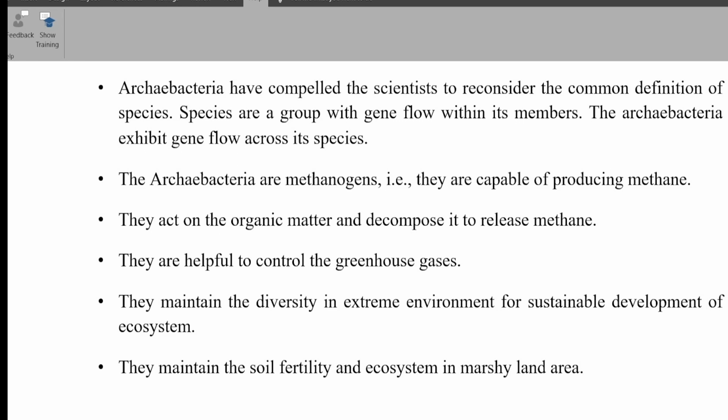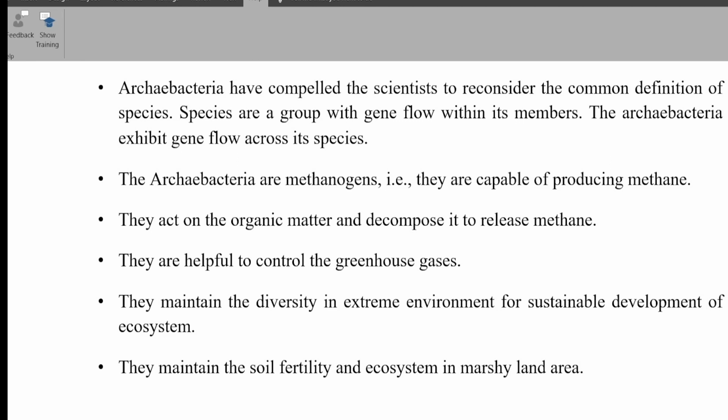Archaebacteria include methanogens, which are capable of producing methane. They survive in very unique environments and are responsible for the degradation of many organic compounds in anaerobic conditions. They act on organic matter and decompose it to release methane, which can be used for commercial purposes. They also help to control greenhouse gases through the very unique association of methanotrophs and methanogens.